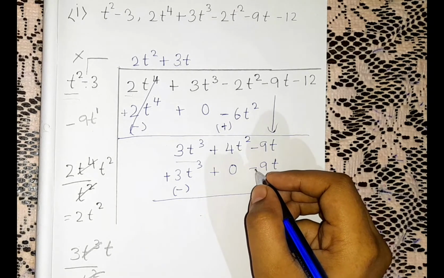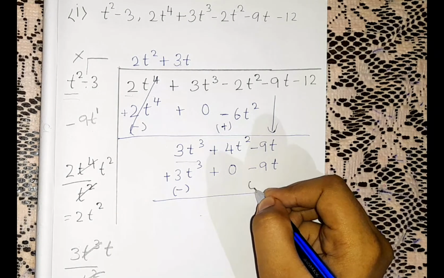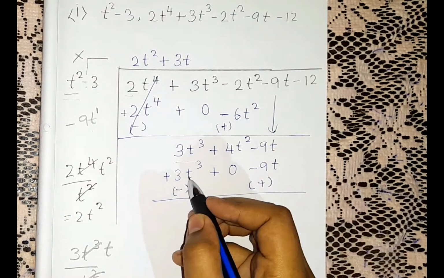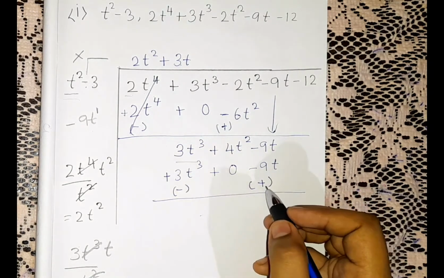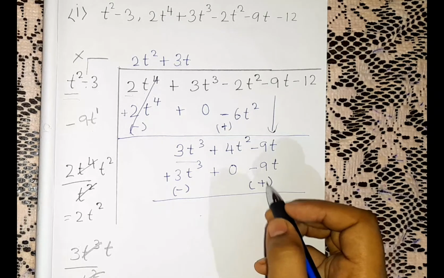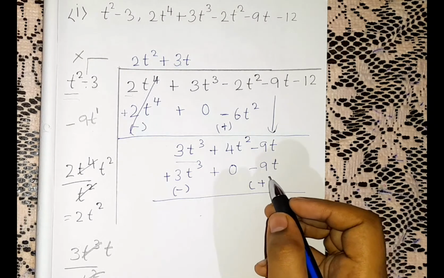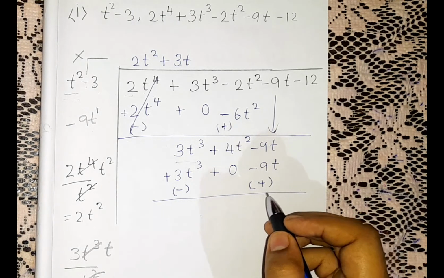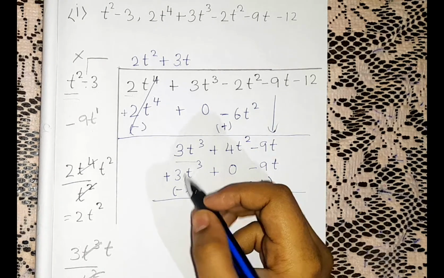Here we have minus, so minus converts into plus. So now it is minus 3t cube, and here it is plus 9t. So it has a new sign. You are supposed to do it with the new sign, you should not do it with the old sign.